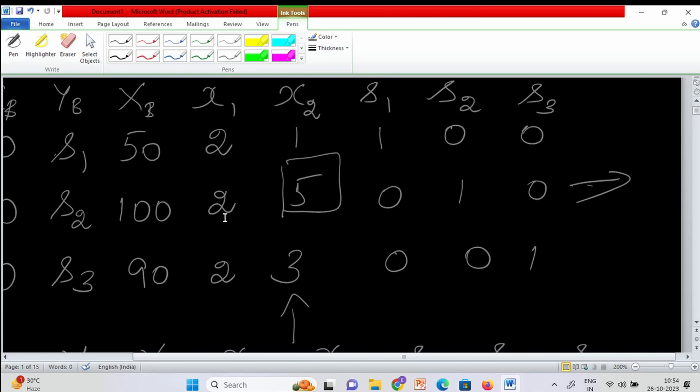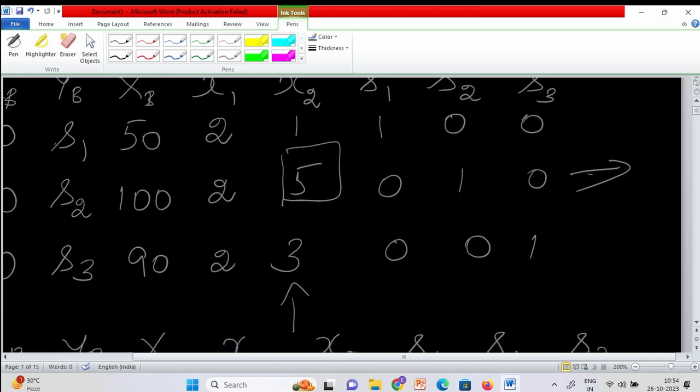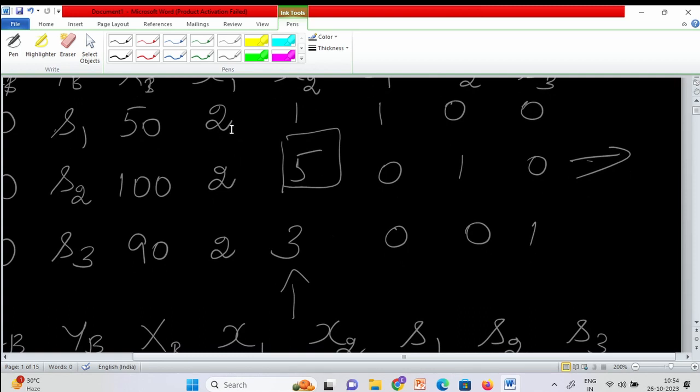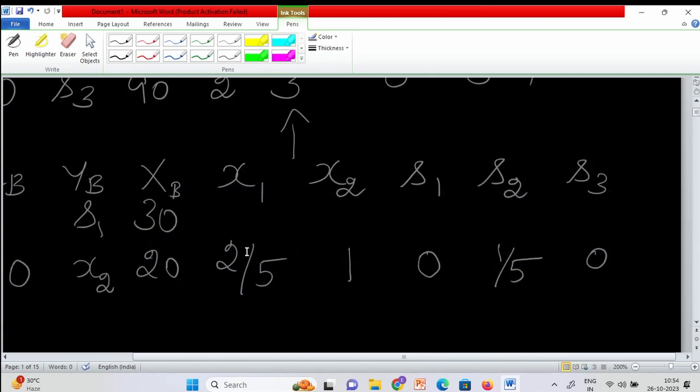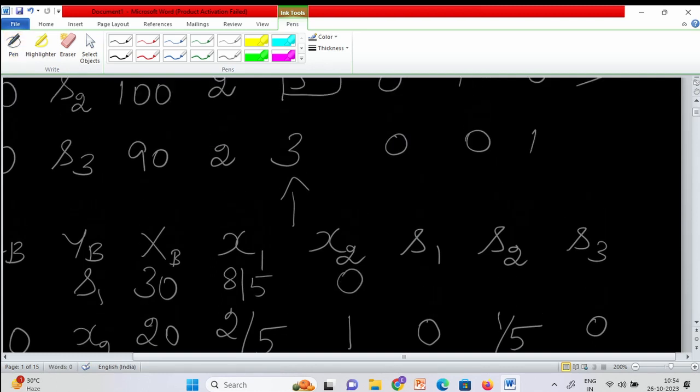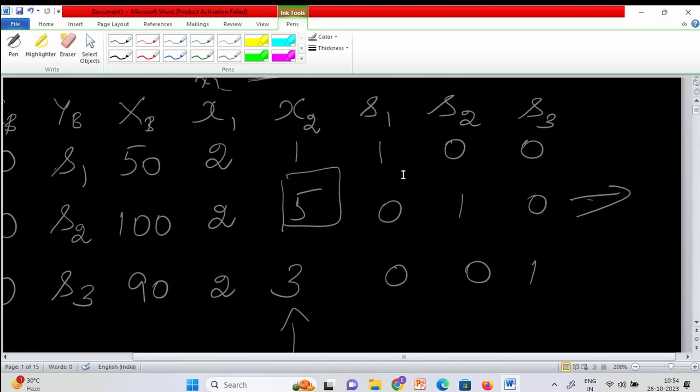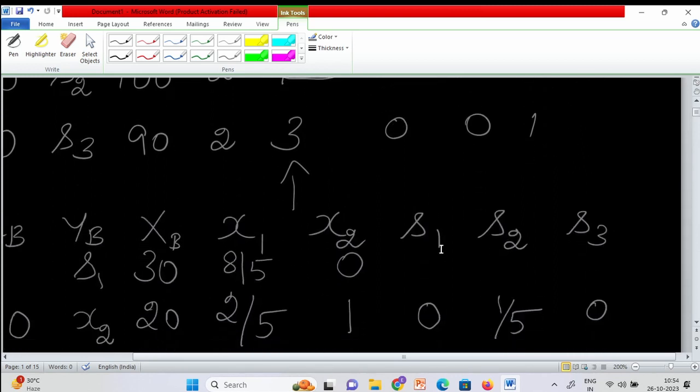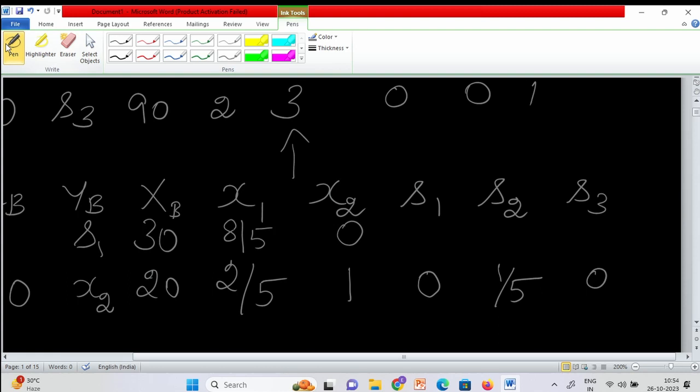Here it is 2. Here we have 2 by 5. So 2 minus 2 by 5, which is 8 by 5. And then here 1 minus 1, 0. Here also we have 1 minus 0, which is 1.